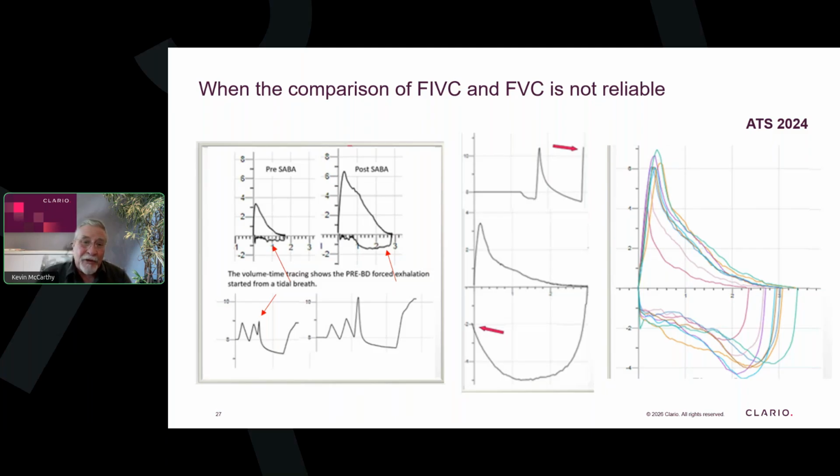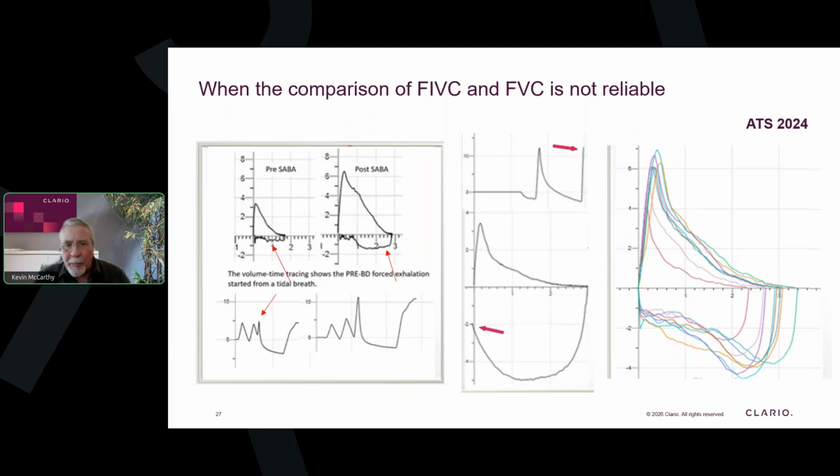And decades of experience tells me that no patient completing a forced exhalation is going to want to inhale that slowly. So clearly there's some instruction or guidance being given while that's occurring, and it's likely that this was just stopped by the operator to show good matching of the FIVC with the FVC. So clearly not the intended use of that comparison.